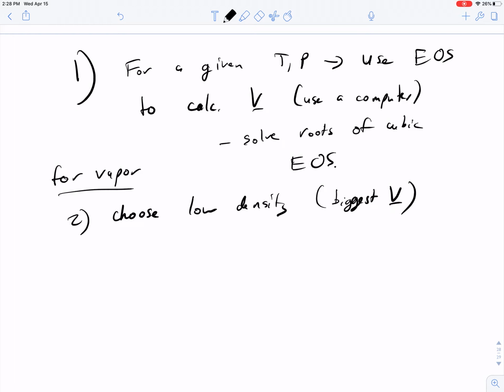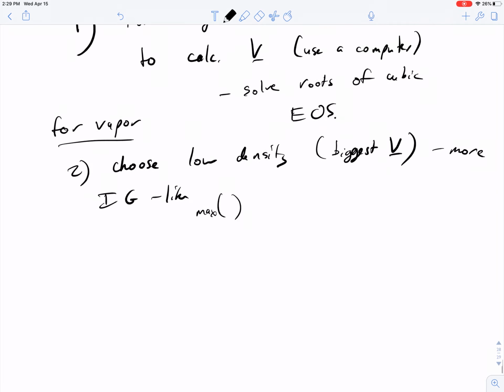This will be more ideal gas-like. You can use a function, for instance, like max or something like this to find the biggest value. If you run the cubic equation of state solver, you get 3 values back. You should use the maximum one.